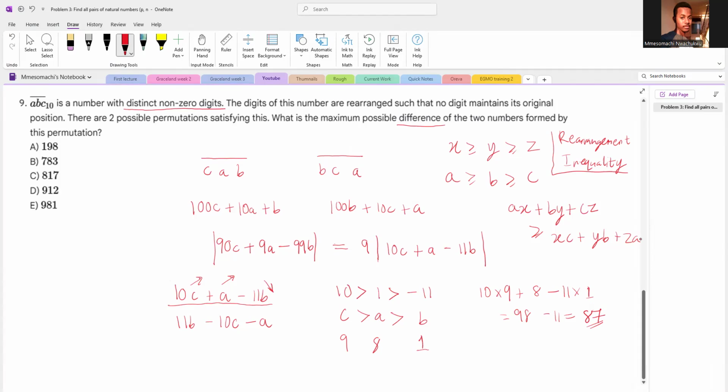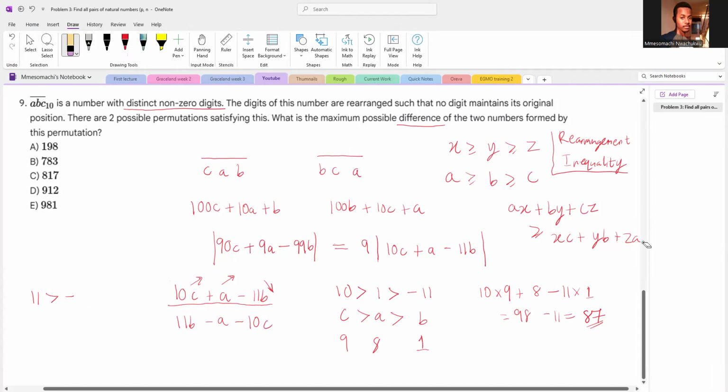Now, if you look at the second expression, I think I should arrange it in this way: 11B minus A minus 10C. Here 11 is greater than negative 1, which is greater than negative 10. So by the rearrangement inequality, we need B greater than A greater than C. Let's look at each part.